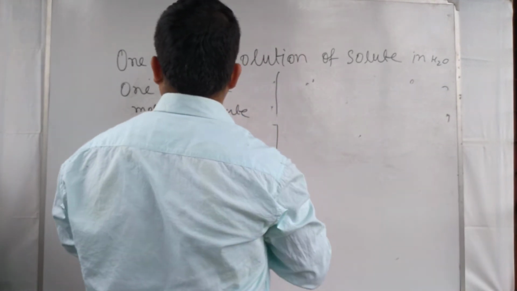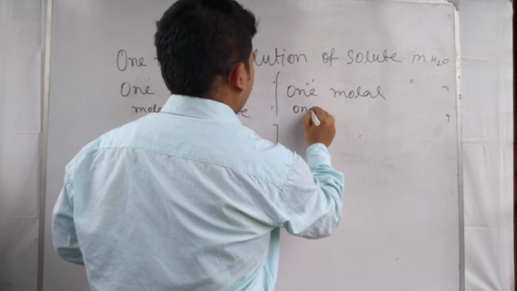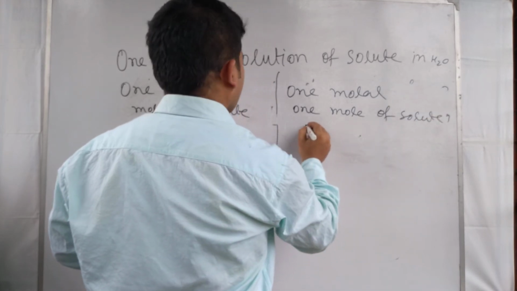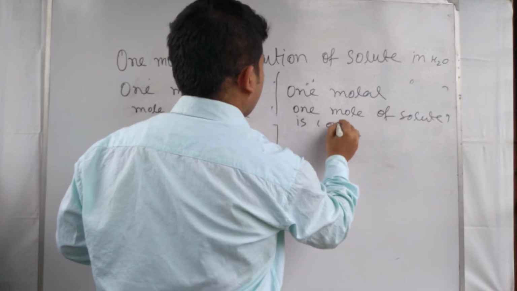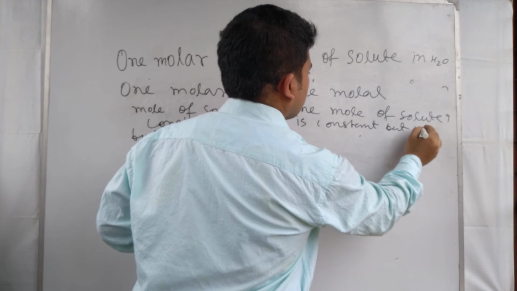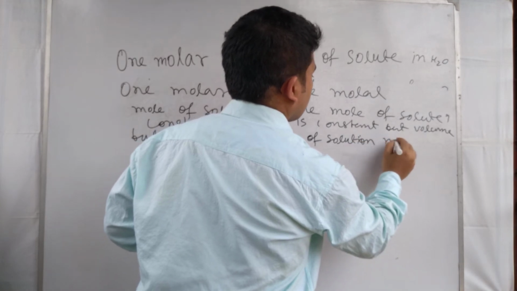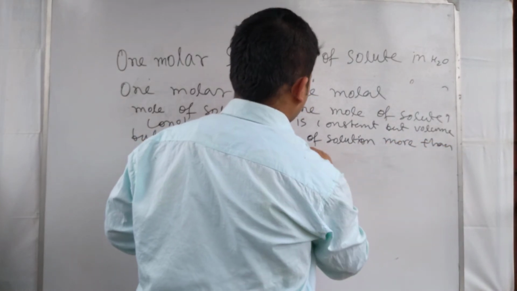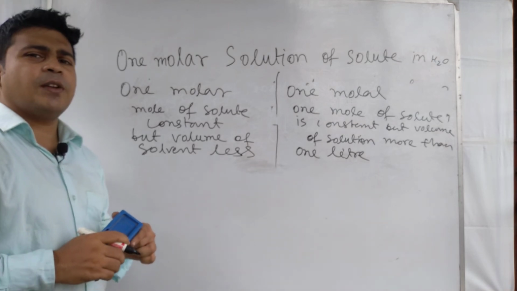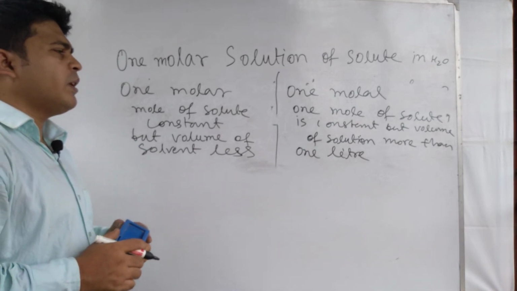You can write it also here that for 1 molal, 1 mole of solute is constant, but the volume of solution is more than 1 liter, because water has density less than 1 at room temperature.